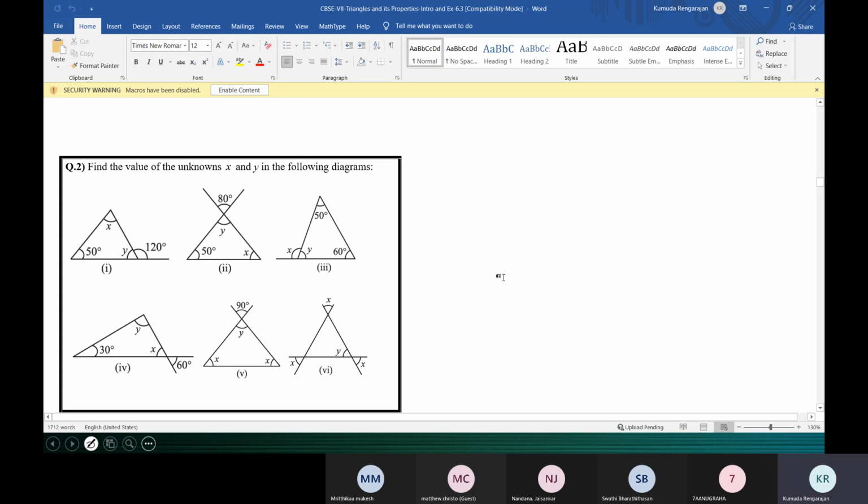So 3x is equal to 180. So x is equal to 180 by 3, 60 degrees. Yes, ma'am, 60. So x is equal to 60 degrees.